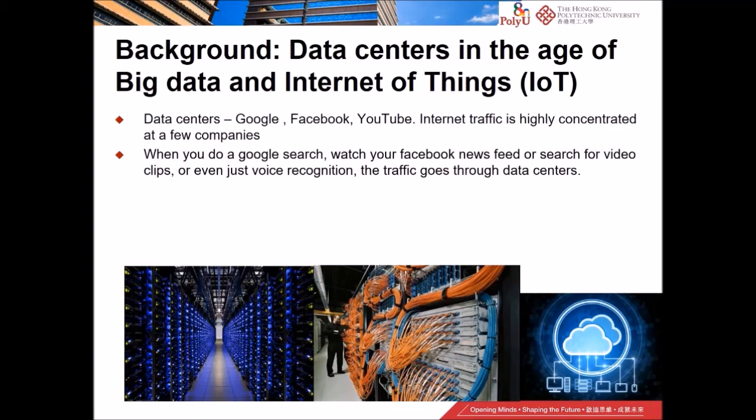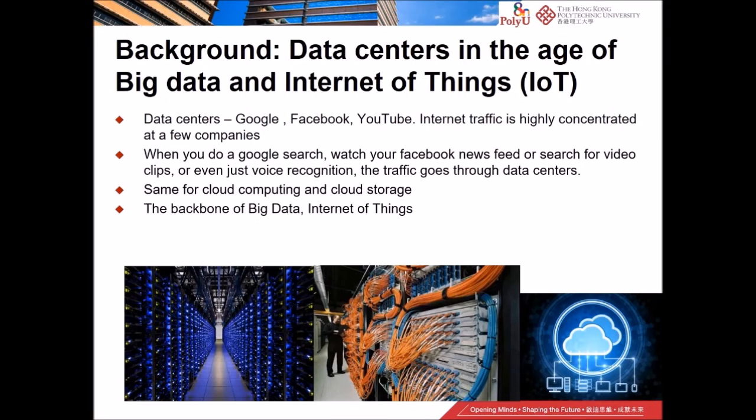And so basically everything that you do on a daily basis, most of the communication activities actually goes through these sort of data centers. Same for cloud computing and cloud storage. So basically it's already the important backbone of our global telecom network.